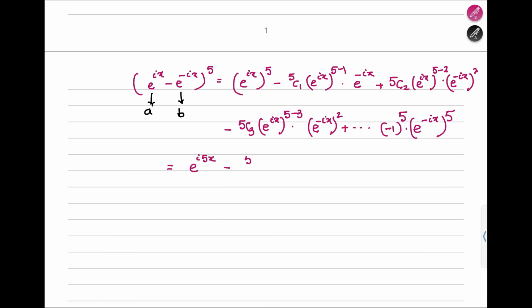Minus 5 factorial 5 divided by factorial (5 minus 1) into factorial 1 into e to the power of i 4x.